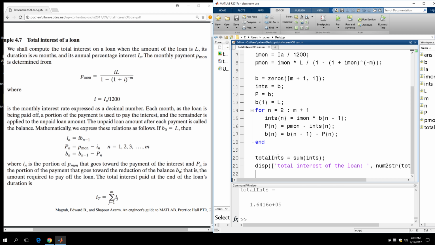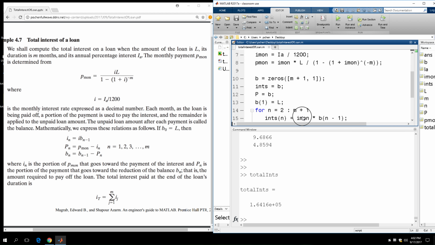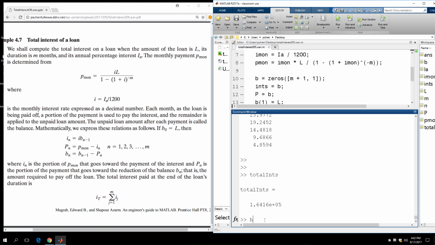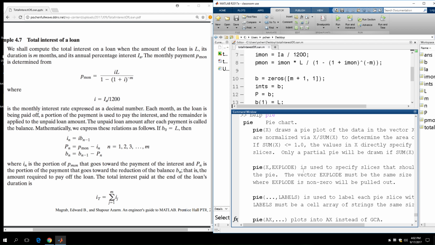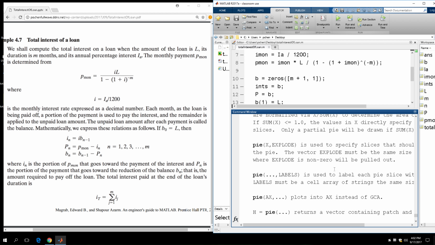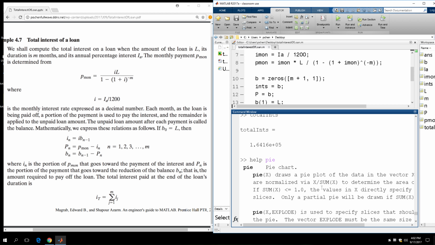Let's think about what might be a good graphical presentation of this kind of calculation result. One of the things that people often do is to plot pie charts, and MATLAB provides a function called pie. If you haven't used this pie function before, you can type help pie. It plots a pie chart. pie(x) draws a pie plot of the data.